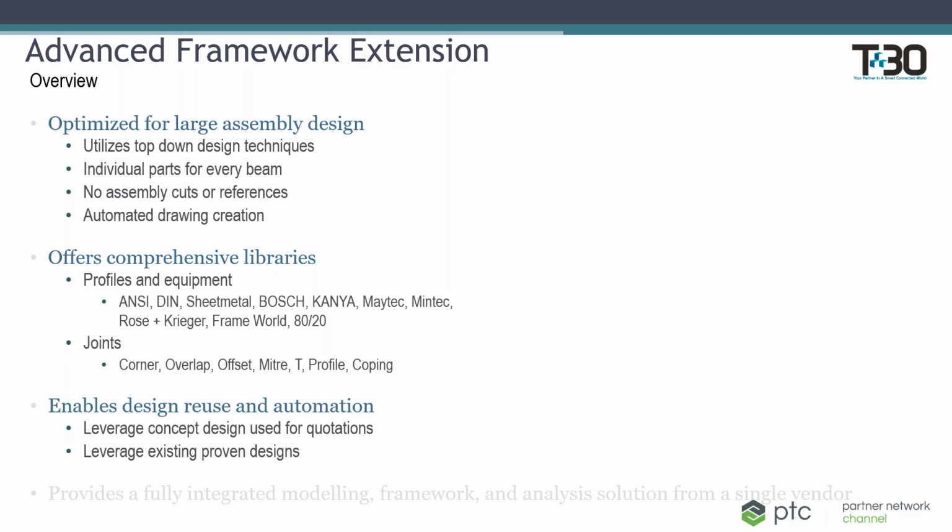And this pushes the design intent captured in the beginning to the rest of your assembly and your models. Right. Also optimizes large assembly design by being able to eliminate assembly references or cuts. So there's less regeneration happening in the background to look at those references.